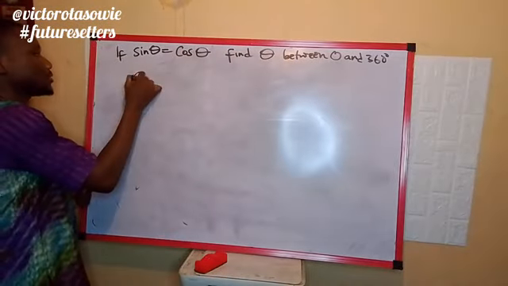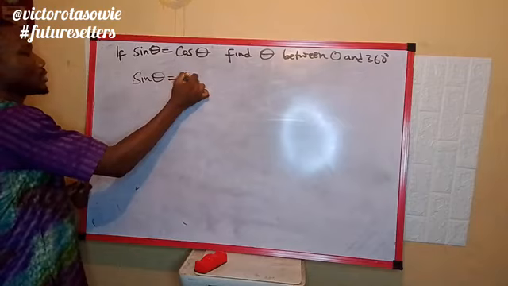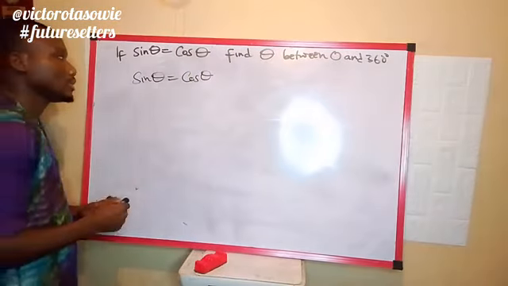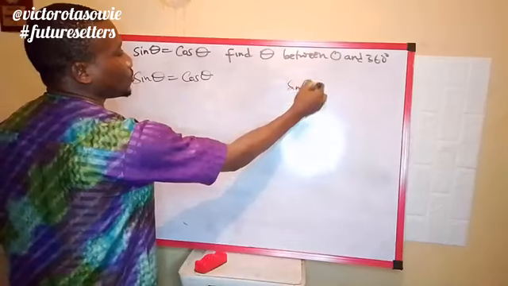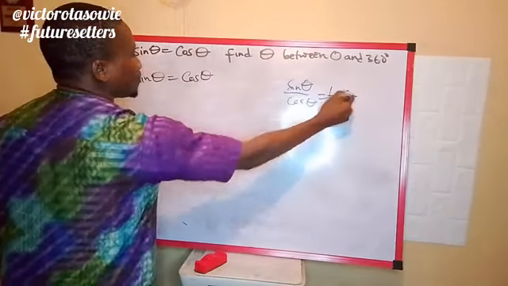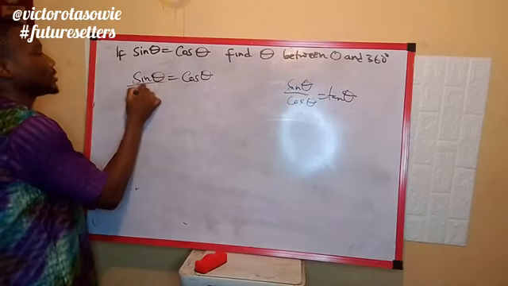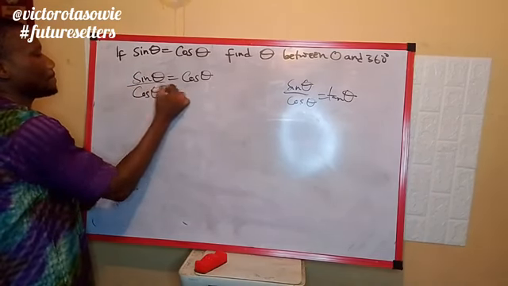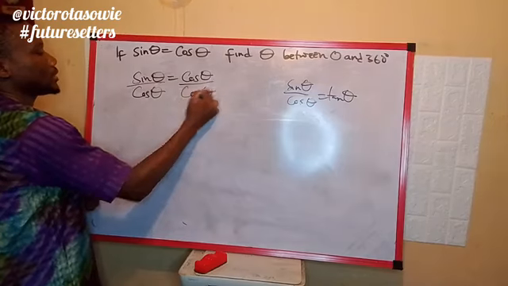Now to solve this particular question, it's very simple. What you just do, you write it as sine theta equal to cos theta. Now, like I said in some of the videos I've done before, sine theta over cos theta equals tan theta. So definitely we are going to divide both sides by cos theta.